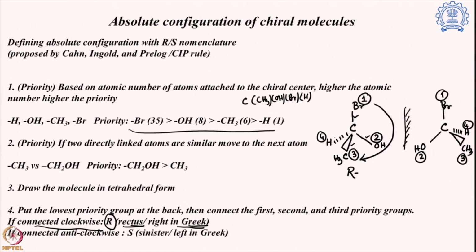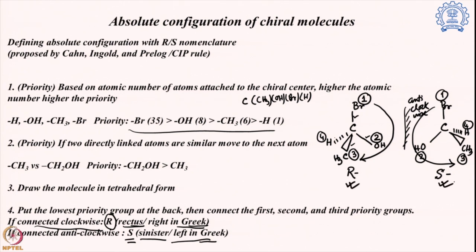Now if I want to connect 1, 2, 3, I have to rotate anti-clockwise, or in a left hand direction. So that is named S, or sinister, which means left in Greek. So this is the R, this is the S.